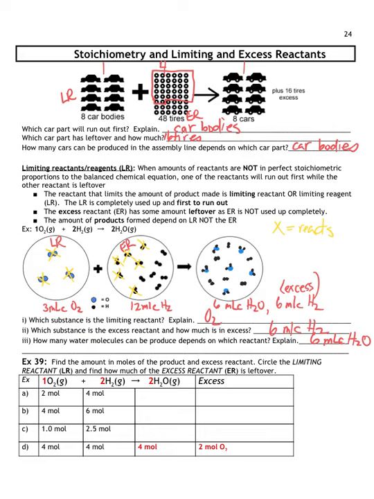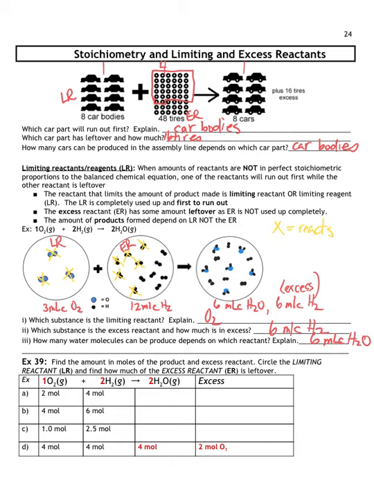Sometimes you'll need a calculator, but for the most part you'll do it in your head. So how do we do limiting reactants? You're given both reactants, and they might be in perfect stoichiometric ratio, and this one actually is a 1 to 2. So if I have 2 of this, you need twice, and you have twice.